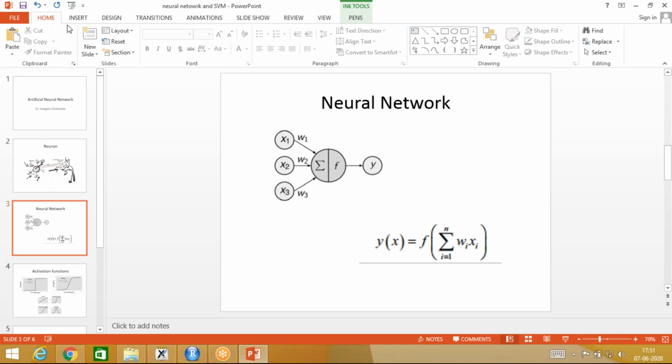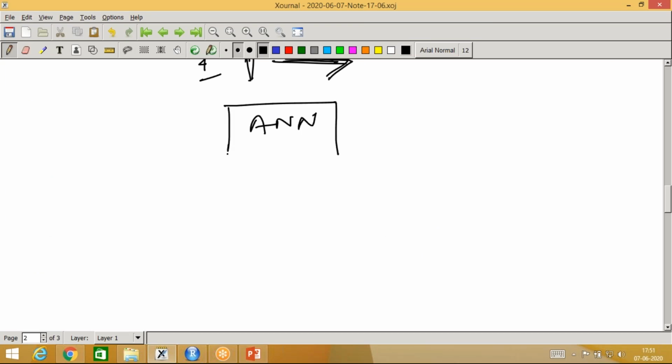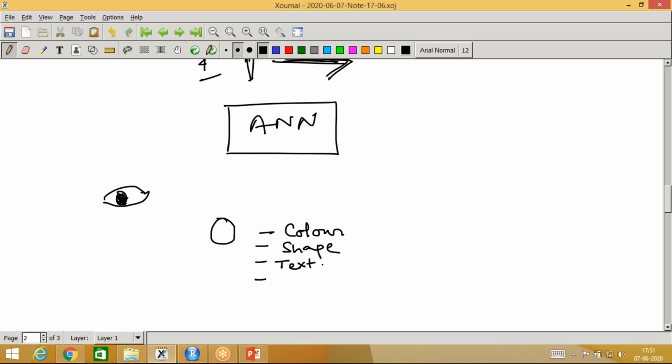Let's say you have seen a rasgulla. This is your eye. This is the rasgulla. What are the various characteristics the rasgulla has? It has a color. It has a shape. It has a texture. It has a taste.